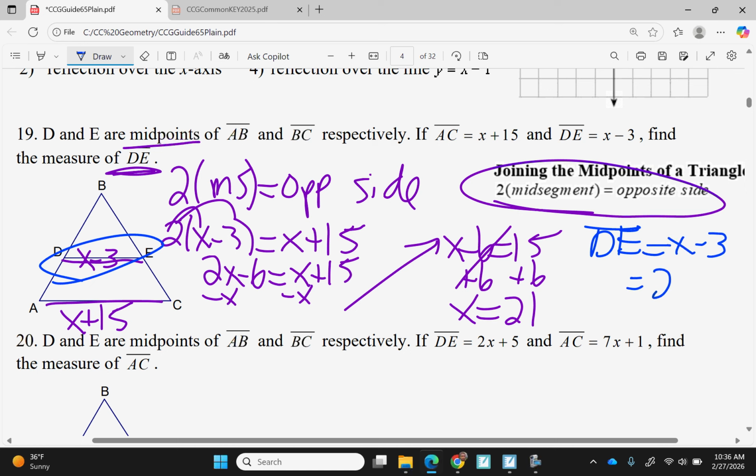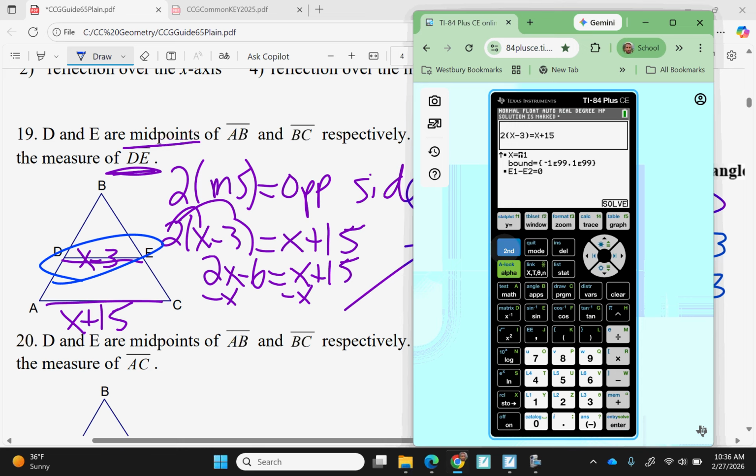So DE is 21 minus 3, which is 18. And again, to use that equation solver, I'm sure I went kind of fast there. I hit math, up arrow, and enter on numeric solver. And if you ever want to get out of anywhere, second quit will get you out.